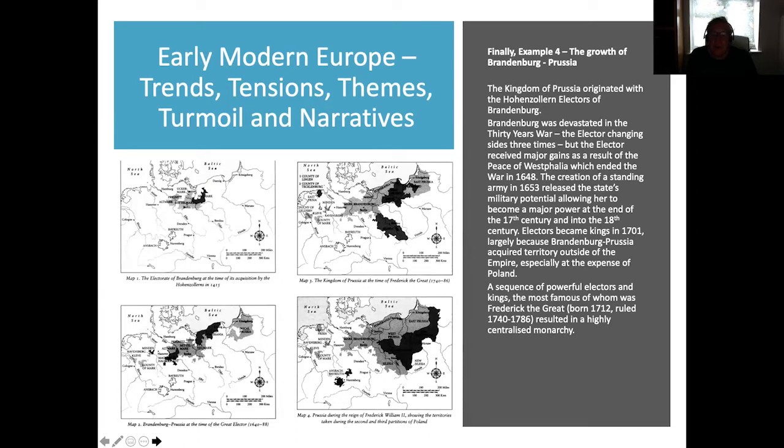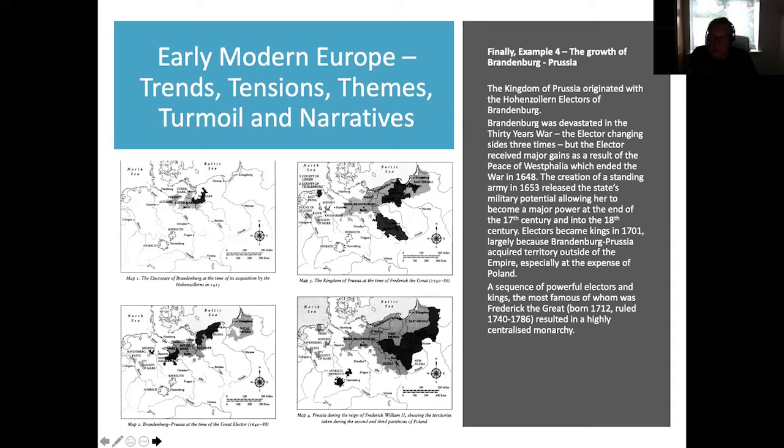This kingdom grew mainly militarily. There was a creation of a Prussian standing army in 1653, which some people would say started almost a tradition of militarism in Prussia. And that went on into the 18th century. A series of very, very powerful electors, then they became kings in 1701, created a centralized state.